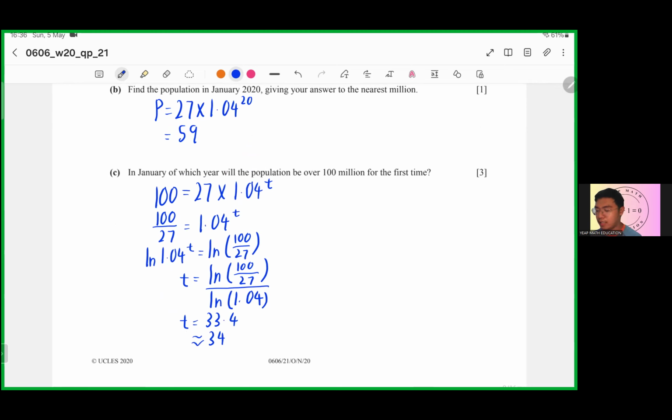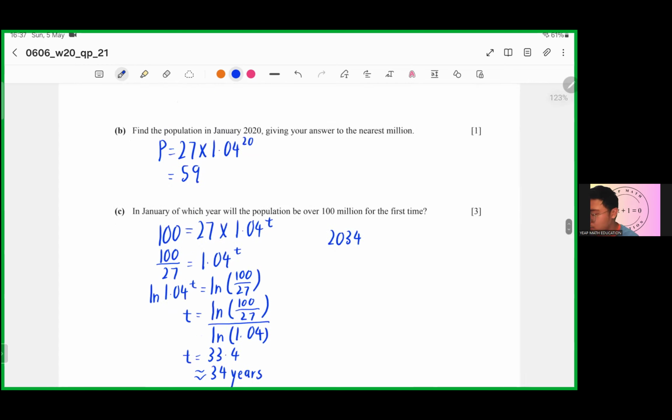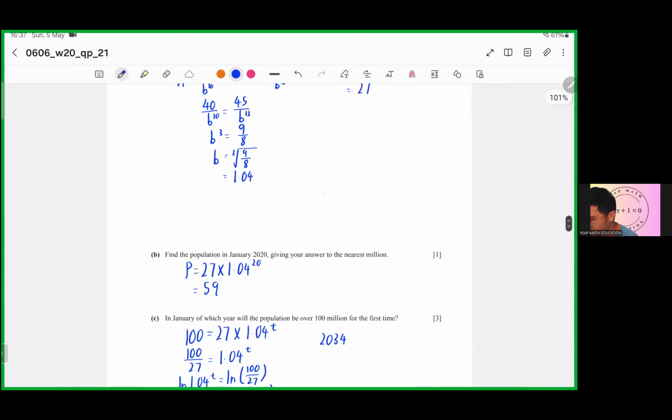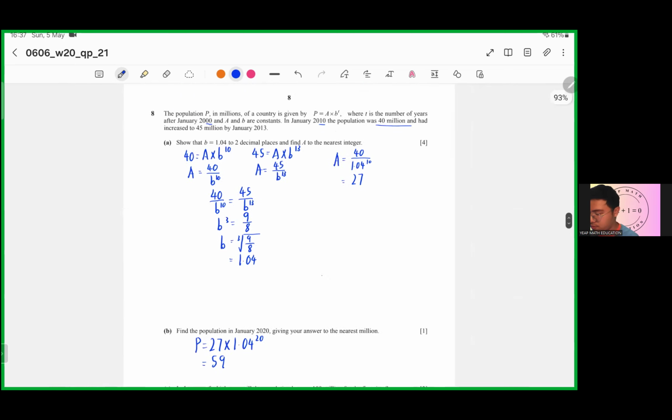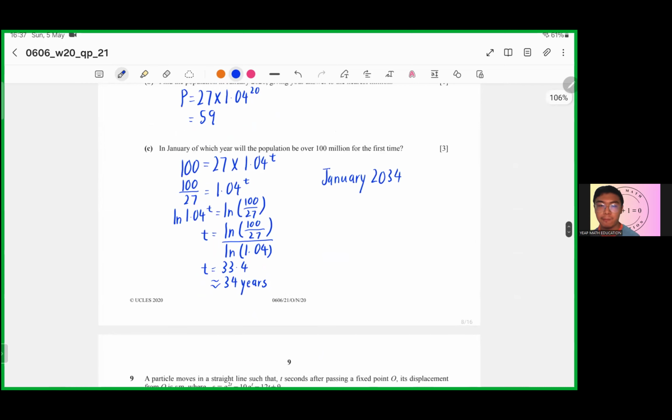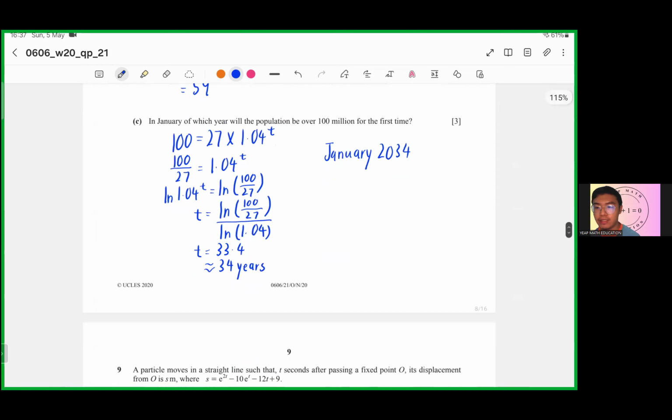It's 33.4, so we take the nearest, which is 34 years. It means it will happen in 2034. I hope you can understand this part.